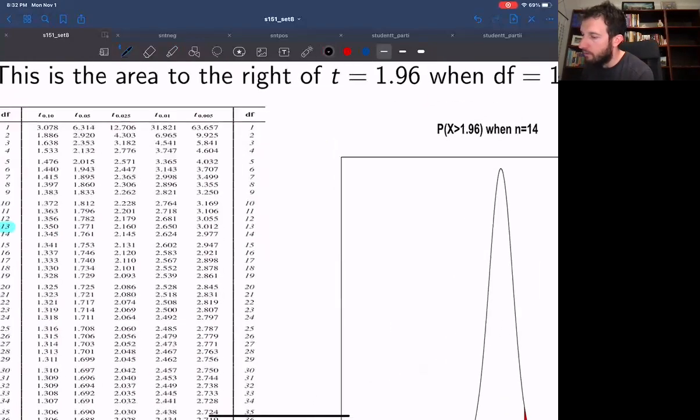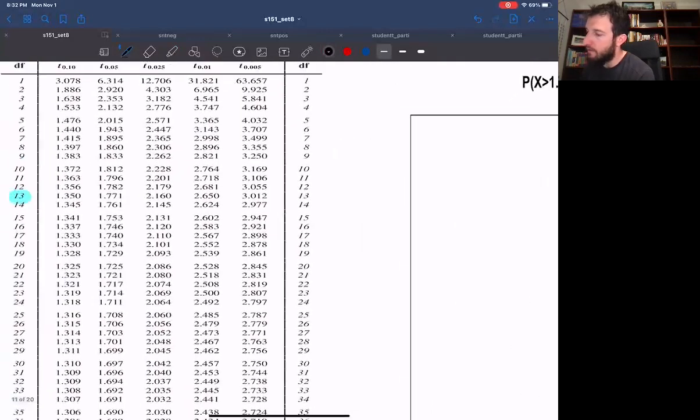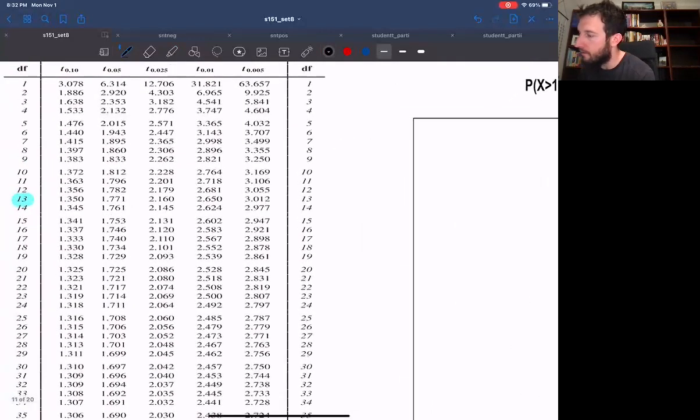Okay, now what we do is we basically scroll across the degrees of freedom line and we look for where 1.96 would fall. Okay, so we have 1.350, we're bigger than that. We have 1.771, we're bigger than that. 2.160, we're smaller than this.